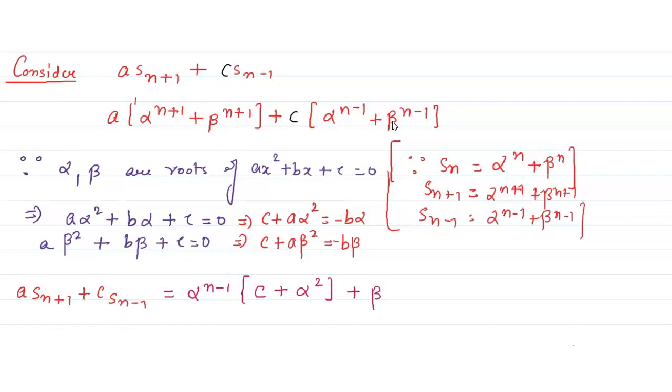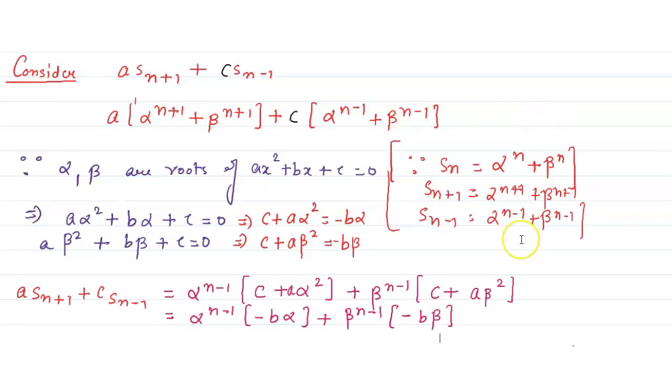Plus if I take beta^(n minus 1) common, I will be left with c plus a beta square, right? Now c plus a alpha square is equal to minus b alpha, alpha^(n minus 1) times that, and beta^(n minus 1) times minus b beta, right?